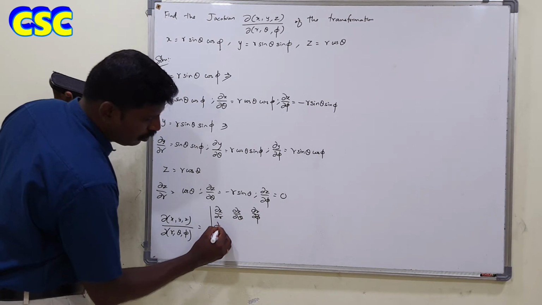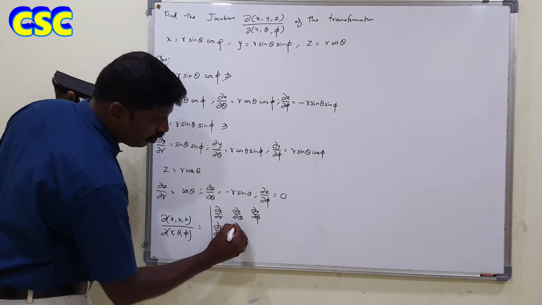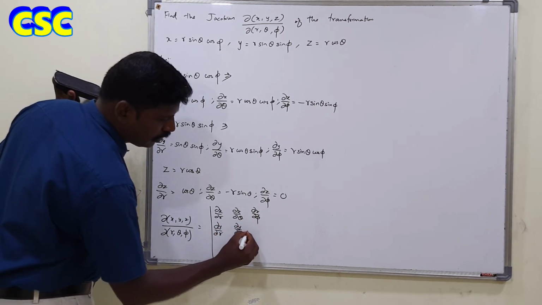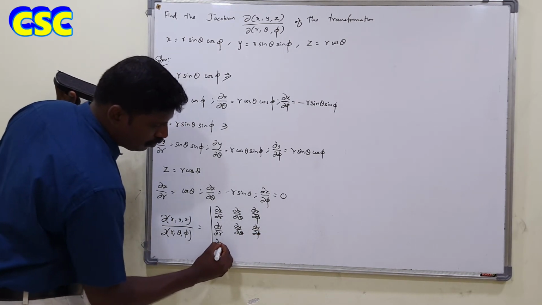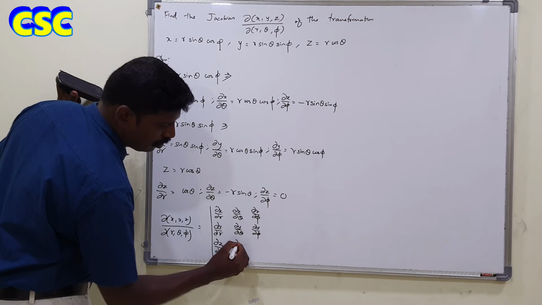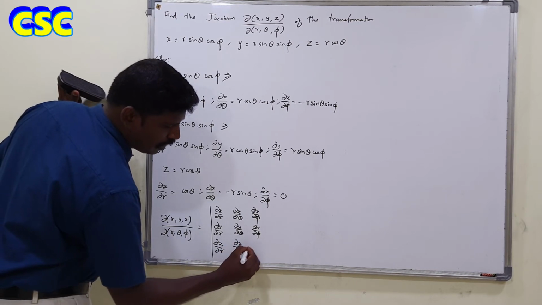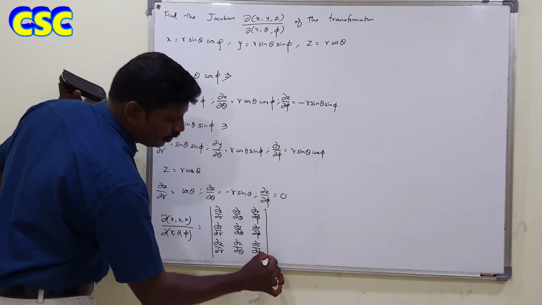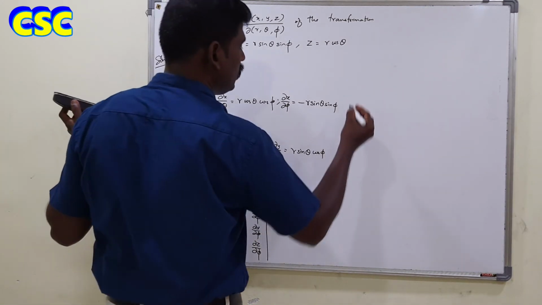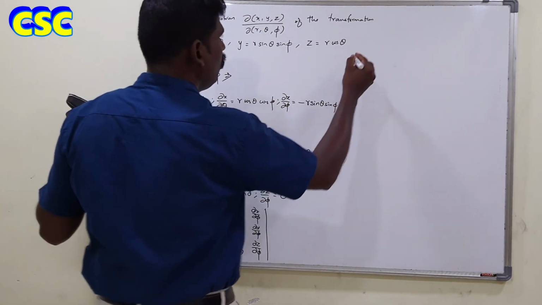Same like that, dou y by dou r, dou y by dou theta, dou y by dou pi, dou z by dou r, dou z by dou theta, dou z by dou pi, isn't it? Substitute all the values here. What is the determinant value?